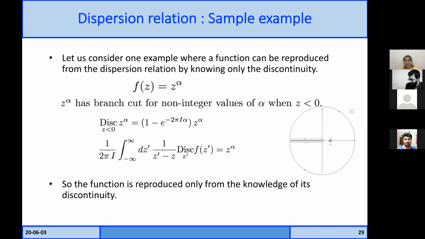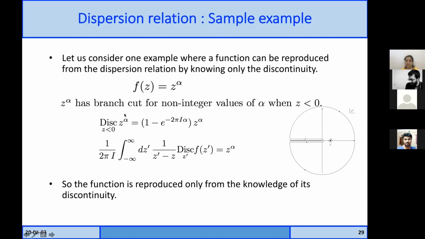Now let's consider a simple example of how the dispersion relation can be used. This has nothing to do with CFT. This is just a simple dispersion relation which calculates the full function from the knowledge of its discontinuity. Suppose we have this function z power alpha, where alpha is non-integer, and as I already discussed from the conformal block, it has a branch cut for any non-integer values of alpha when z is less than 0.